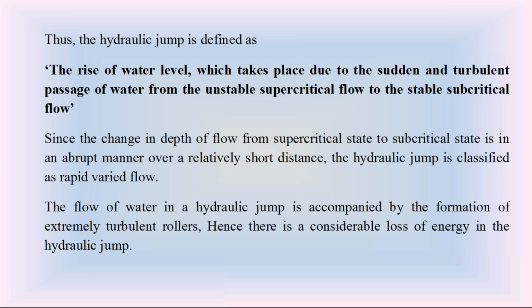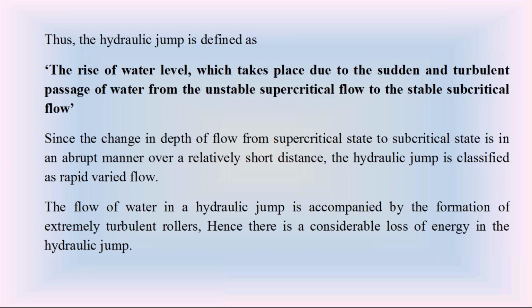Due to that loss of energy in that hydraulic jump, the water flow is a rotational flow. It is not irrotational flow. The water flow in the hydraulic jump is extremely turbulent rotational flow because of the change in the condition from supercritical to subcritical, high kinetic energy to low kinetic energy.